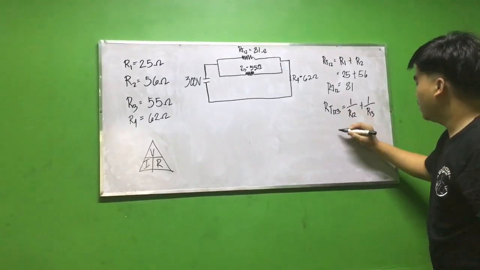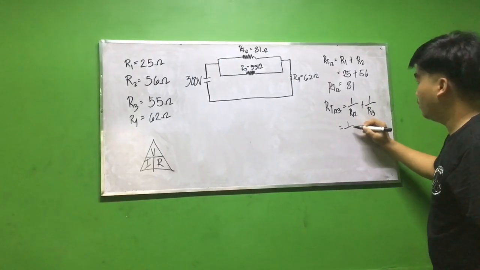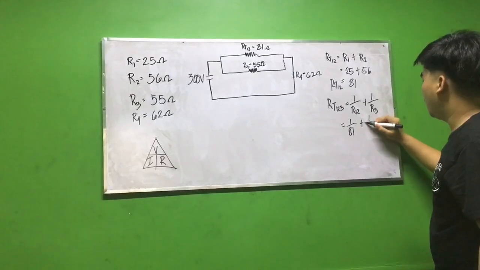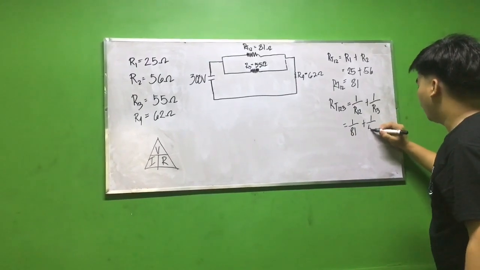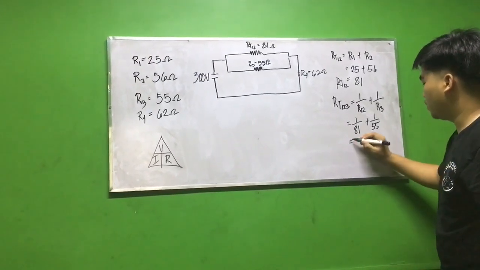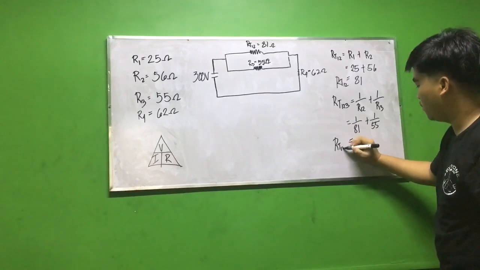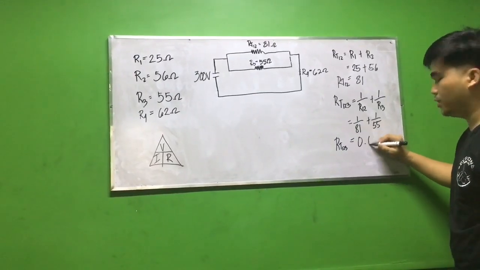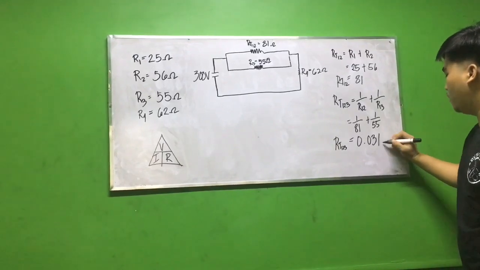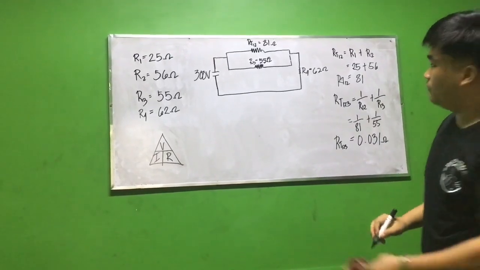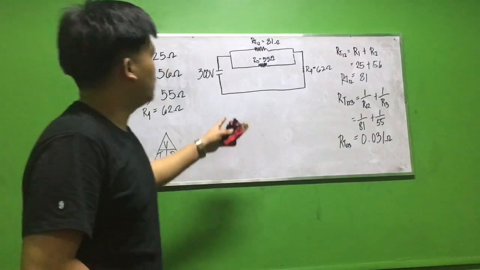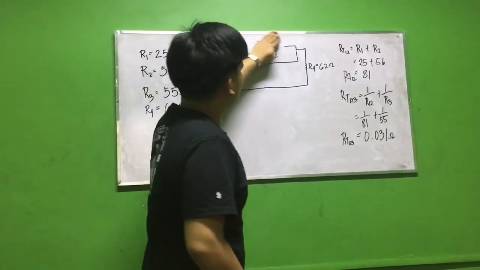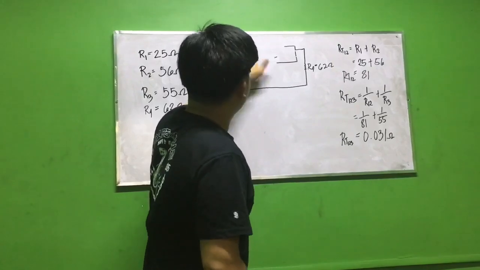So substitute 1 over 81 plus 1 over 55 ohms. So the total resistance of RT123 is equal to 0.031 ohms. Next we change this diagram into series.